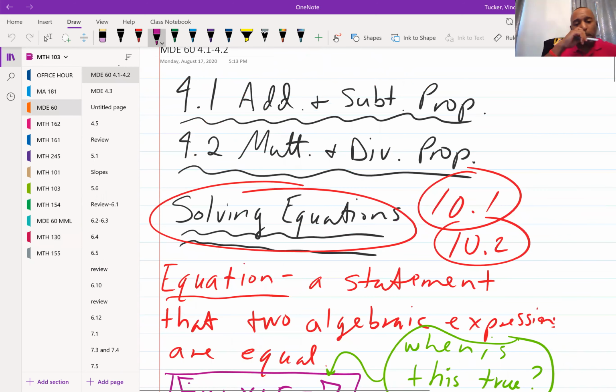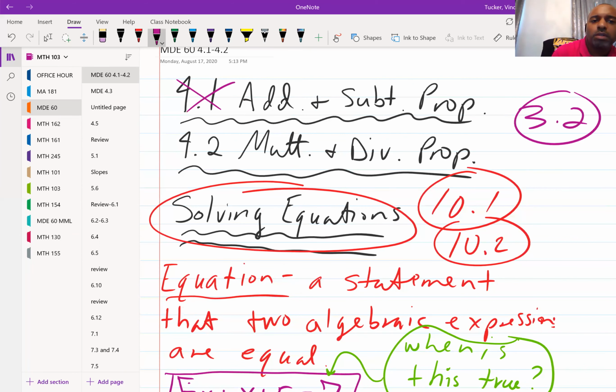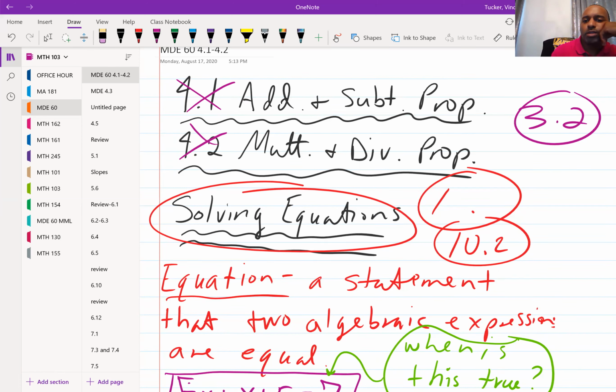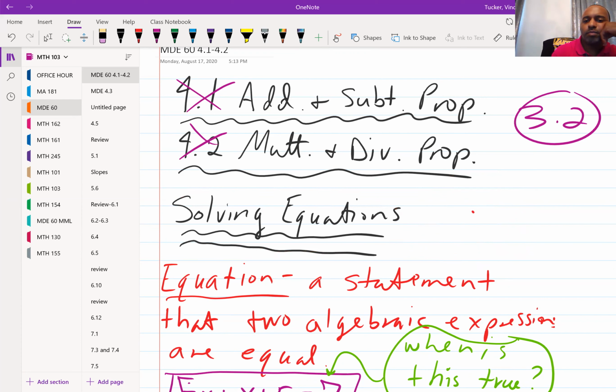All right, so for you guys, this is section 3.2. So we're talking about the addition and multiplication properties of solving equations. All right.